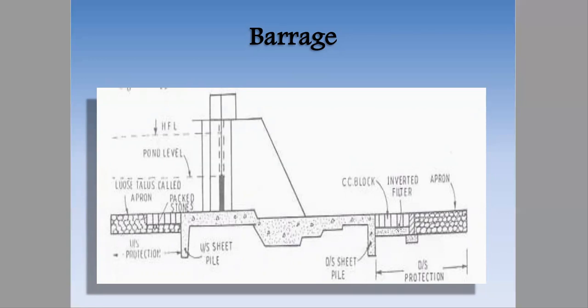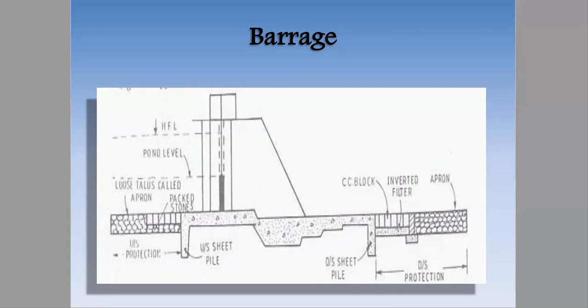And why is there uplift pressure? We have discussed earlier that for any structure, any body, or any component, if it is submerged in water or surrounded by water, then there will be some uplift force. That is the property of water itself, or any liquid.